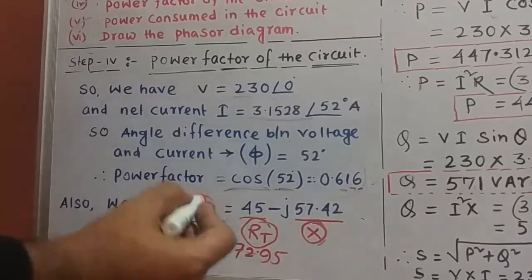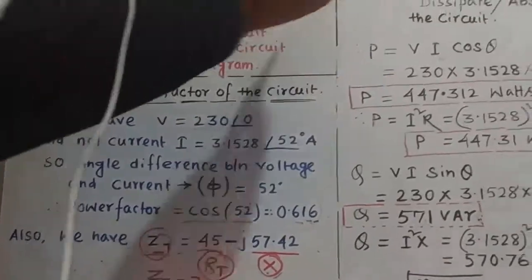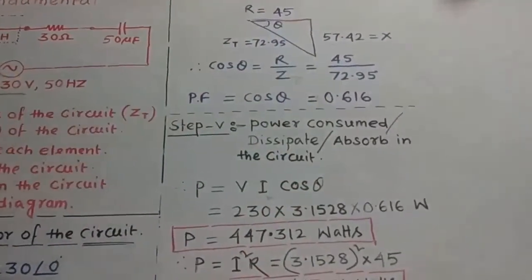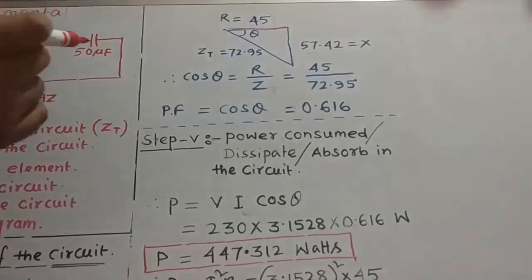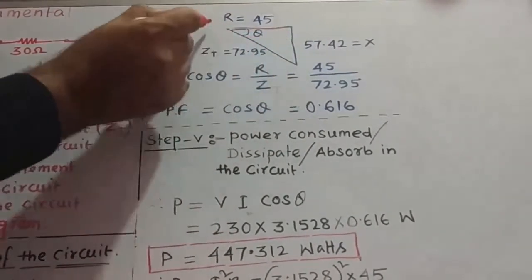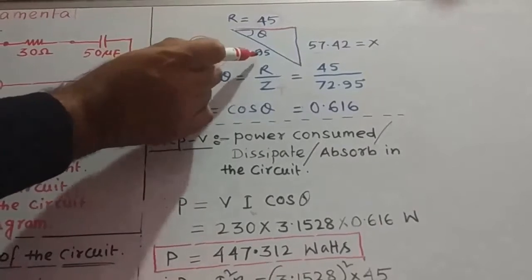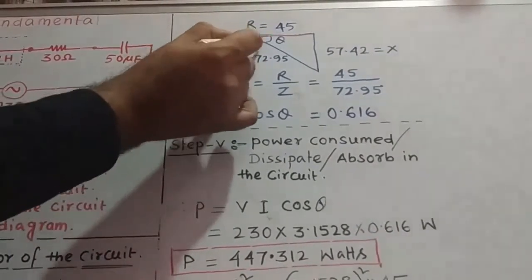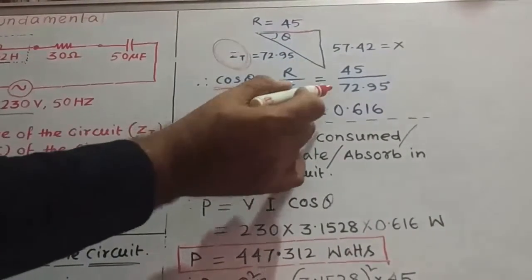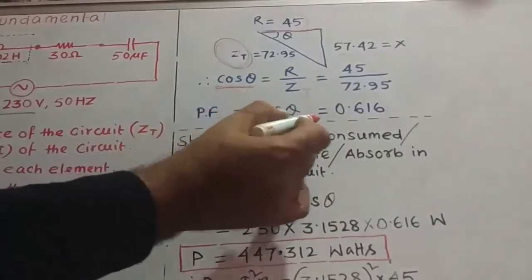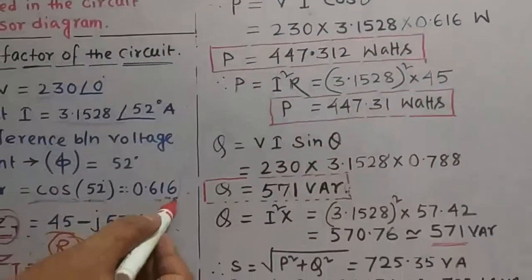If I plot this Z, R and X in an impedance triangle, we get this: this is your resistance 45, this side your reactance 57.42, and this is the impedance of the circuit, 72.95. So cos theta from this triangle, we can easily find, is R by Z. So R is 45 by Z is 72.95. It will come again to the same value, 0.616, which is exactly the same as this.